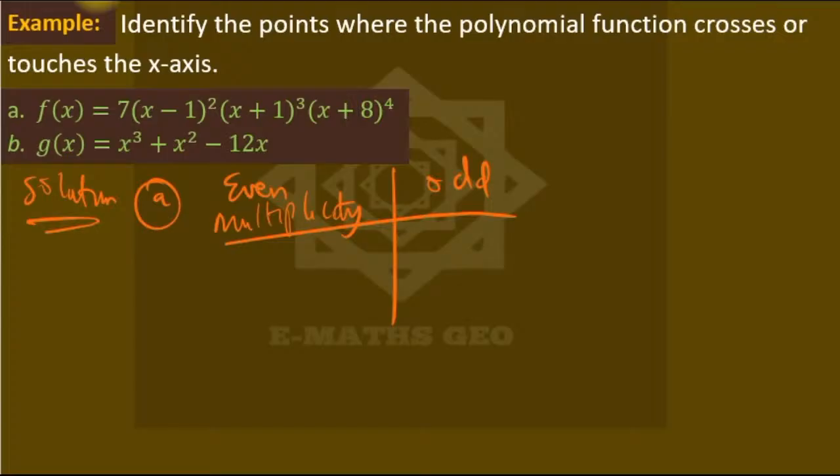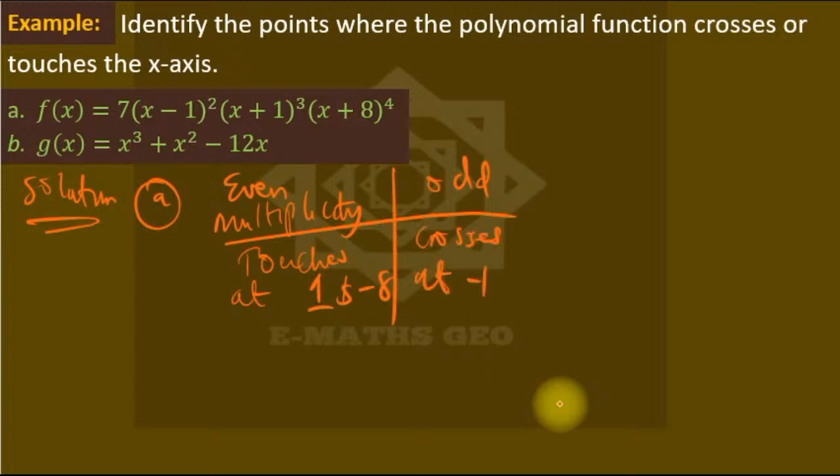I have 2 is even, so it will touch at 1, and which one again? Minus 8. Do you see it? Because we have even multiplicity, it will touch at 1 and minus 8. Why odd? It crosses at minus 1. So that's for the first one.